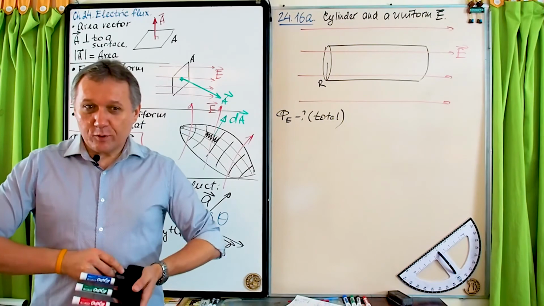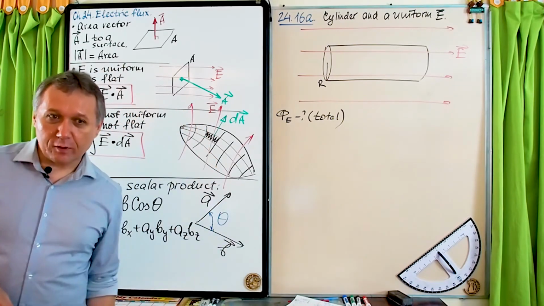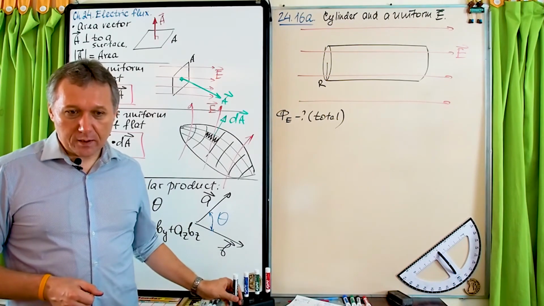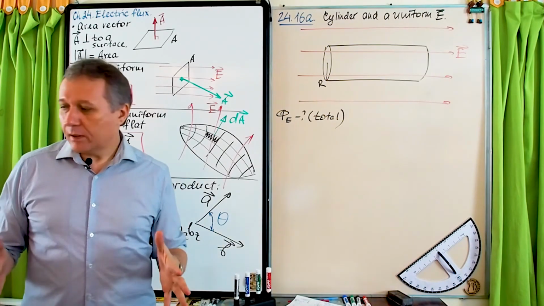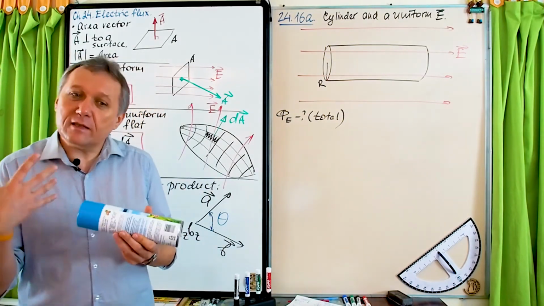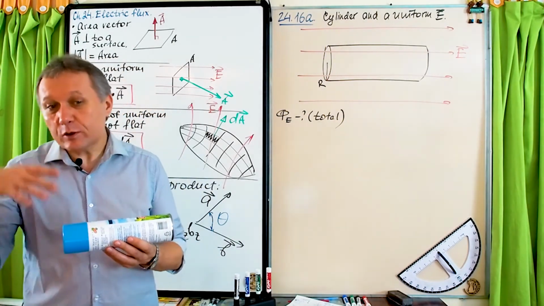So what do we have to do now? First of all, a cylindrical surface is too complicated, but we can split it into three surfaces, and it's easier to work with those surfaces.